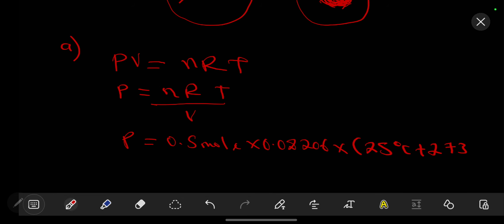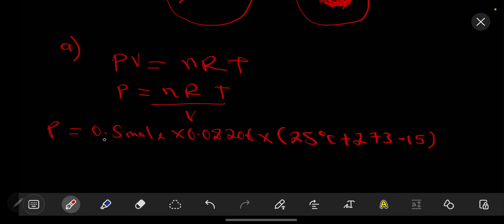So we have 273.15 degrees over our volume. The volume of the container, we have been provided, is equal to 1 liter.